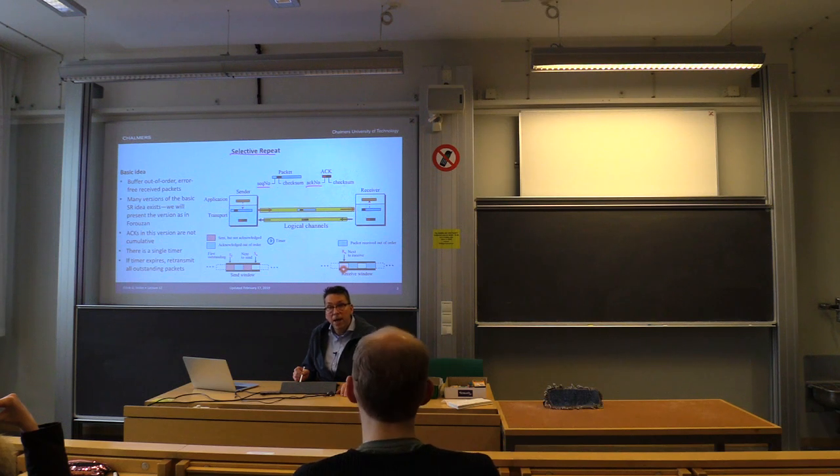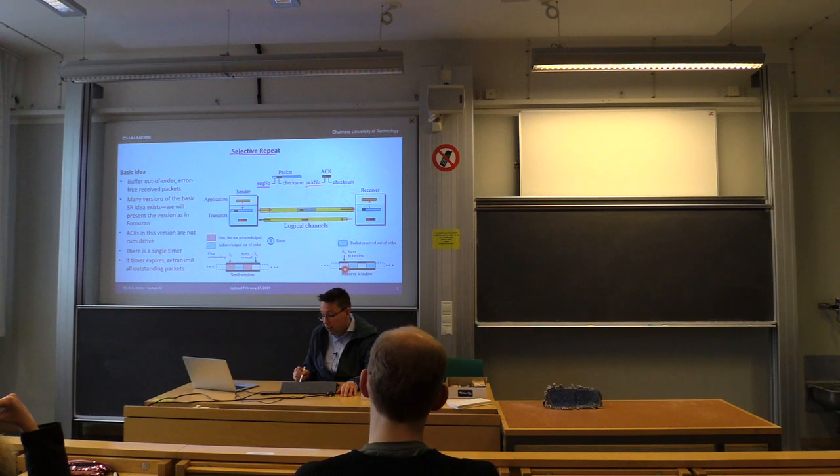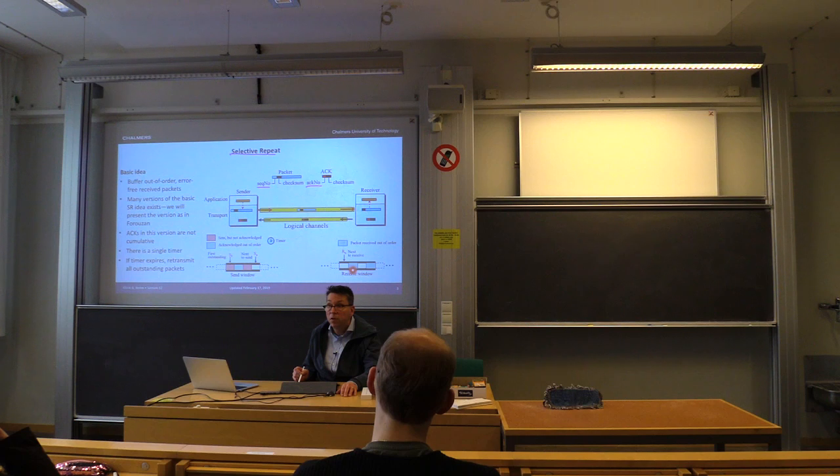This is the packet that is next to be delivered to the application, so it is the packet which is currently missing. When this packet arrives, it can be delivered directly to the application. This grayish packet has been received without errors, but it cannot be delivered because then we would deliver things out of order. So this one is stored for future delivery to the application layer.